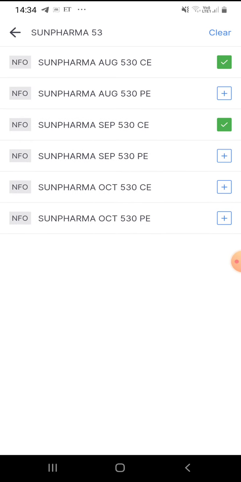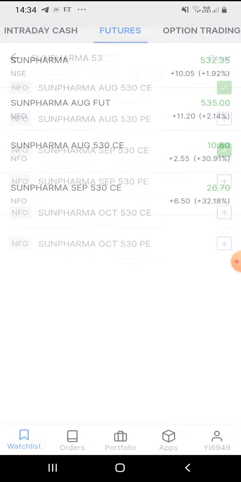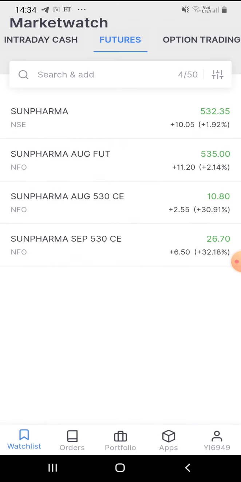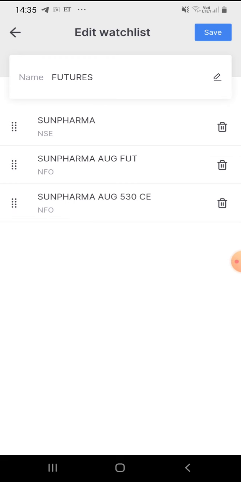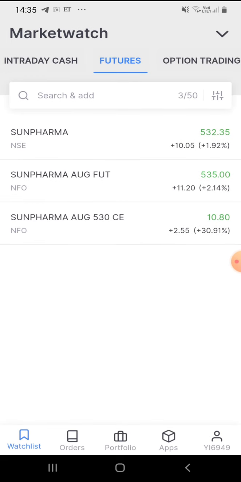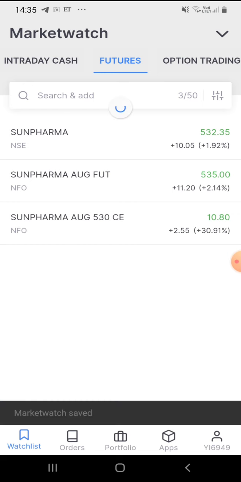Just for your understanding, we are not going through this in detail. Here, what is the value of Sun Pharma in August 10, September 26? 26 is very much expensive, right? I will tell you why as we go forward.